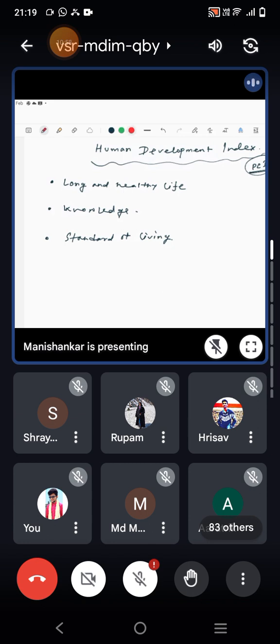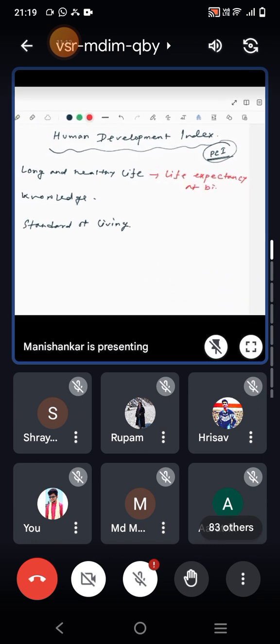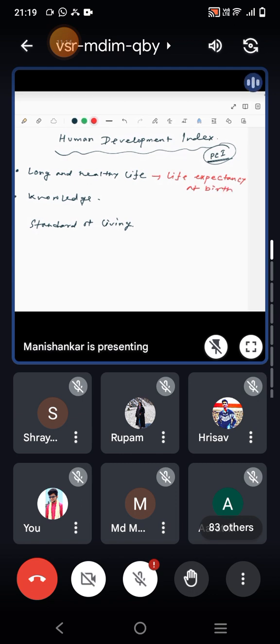Now long and healthy life is measured by life expectancy at birth. So simply, on an average, your lifespan. Similarly, when you consider knowledge, here we consider a combination of the adult literacy rate, with 2/3 weightage.